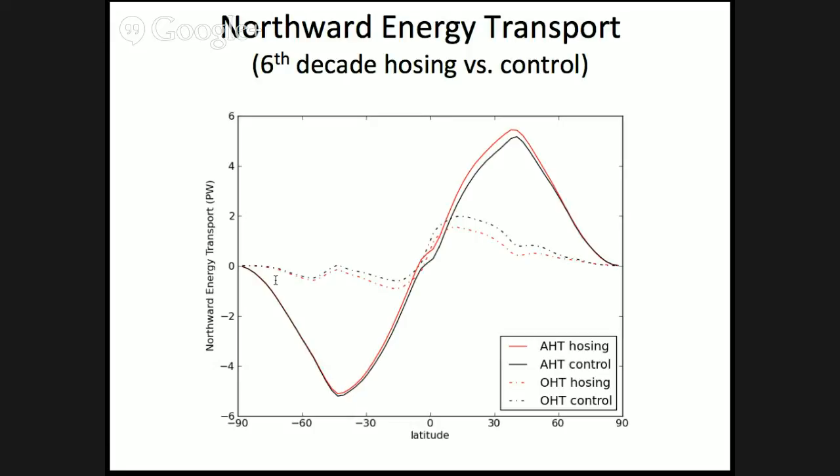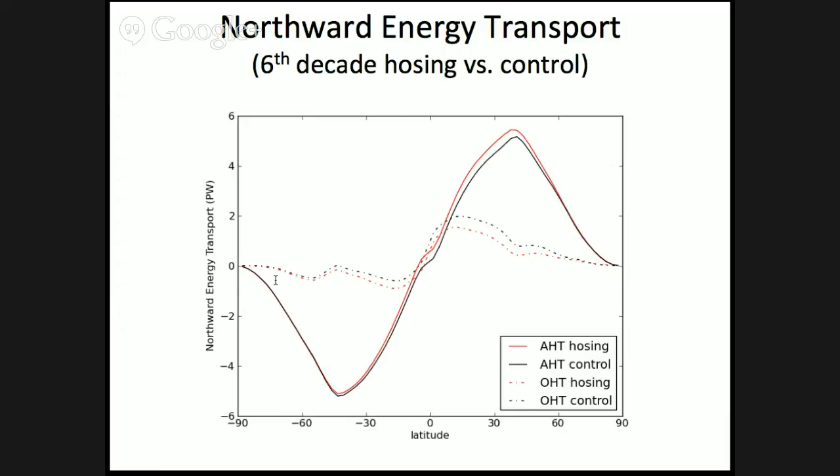And when you compare the two oceanic heat transports, you see that the red is lower than the black, which means that in the hosing experiment, the ocean transports less heat to the north, which is consistent with the atmospheric and ocean meridional circulation.